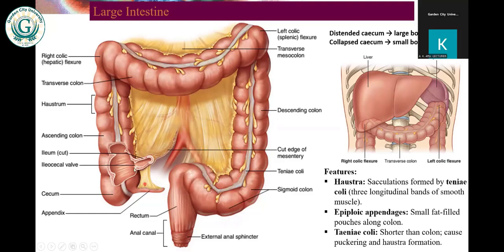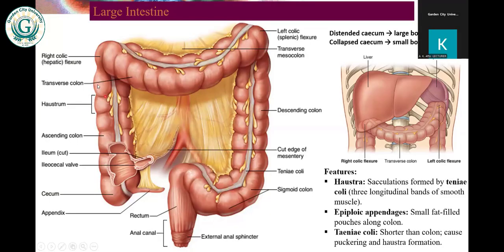The colon, for descriptive purposes, has the ascending colon, the transverse colon, the descending colon, then the sigmoid colon. The ascending and descending colon are fixed to the posterior abdominal wall. The transverse colon has a transverse mesocolon, so it's mobile. The sigmoid colon has a sigmoid mesocolon, it's mobile. The appendix has a mesoappendix, so that one too is mobile. We've already explained that the ascending and descending colon are secondary retroperitoneal organs.